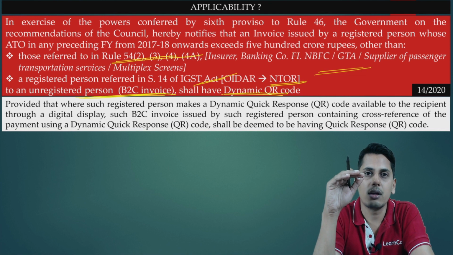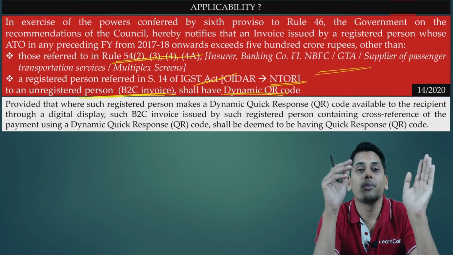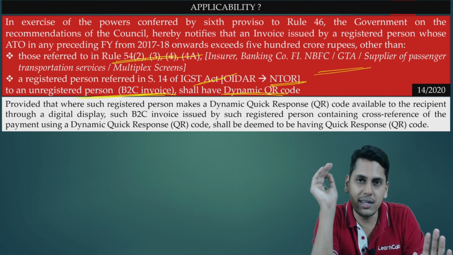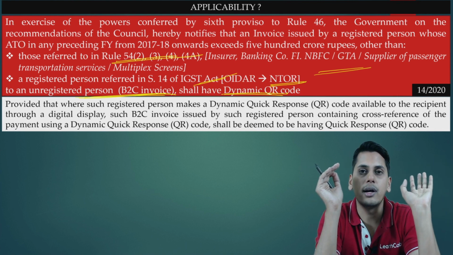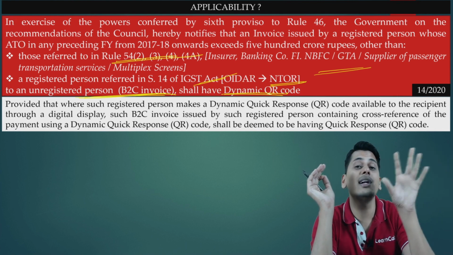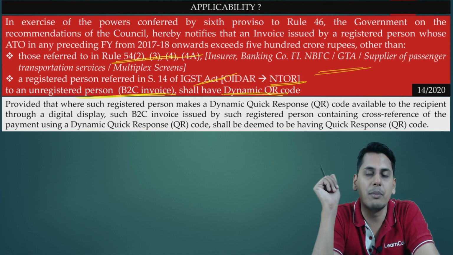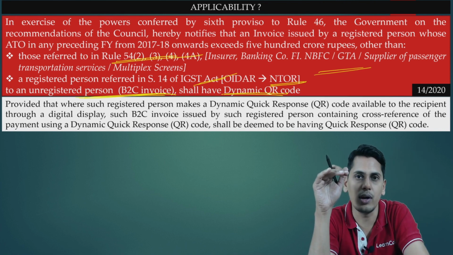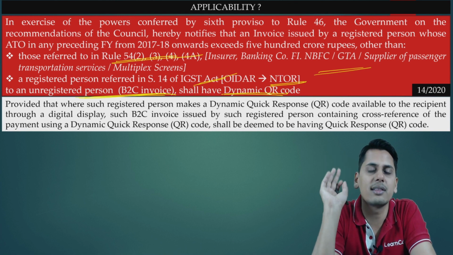At the billing counter, when the bill is being generated, the amount which is there, the QR code in the display, in the computer system or the billing system of the supplier, he just places a screen before you and shows you a QR code, the digital display of a dynamic QR code, and asks you, do you want to scan and make a payment. So you scan it, it is a dynamic QR code, it is unique to each invoice. Directly the details of the invoice come, the amount also comes, you just make the transfer.